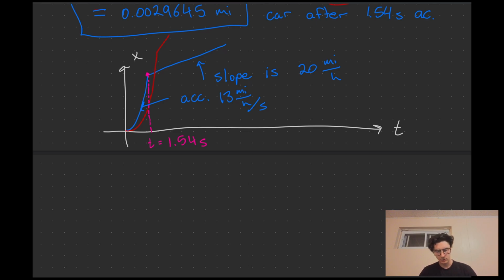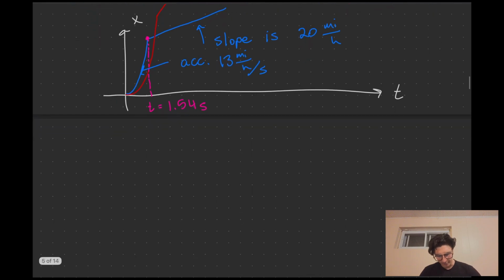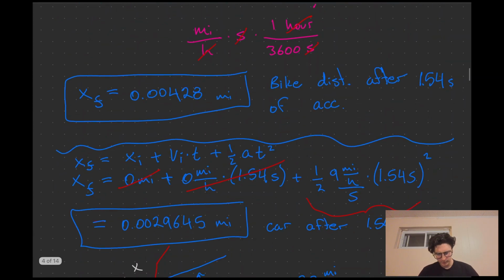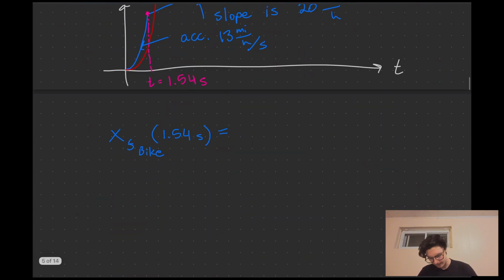as a function. So what we have is the bike's final position. Let me do bike final and then bike over here at 1.54 seconds. What this equals is 0.00428 miles.